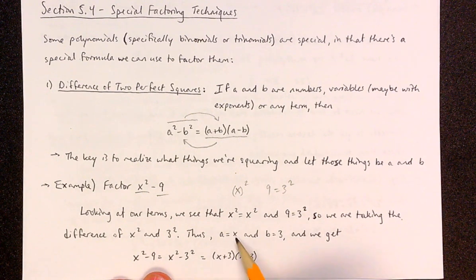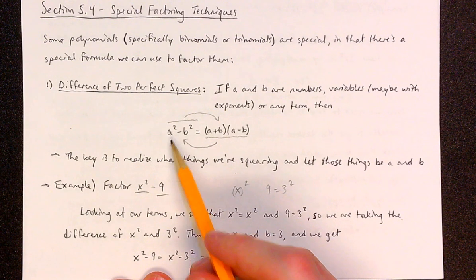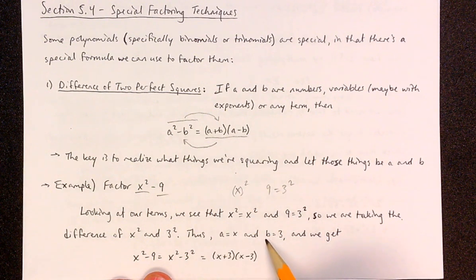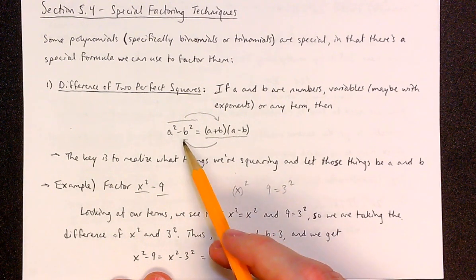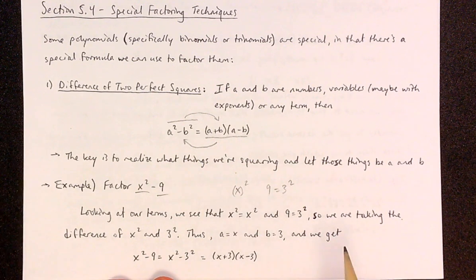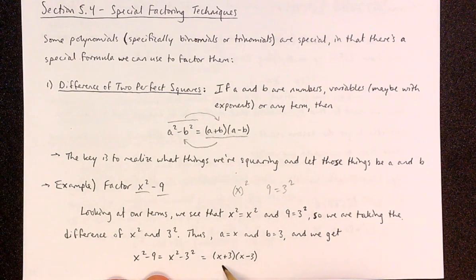So if I let x take the place of A in this formula, and I let 3 take the place of B in this formula, then we have x squared minus 9, or x squared minus 3 squared, is equal to x plus 3 times x minus 3. And as always, you have a check here that you can do.